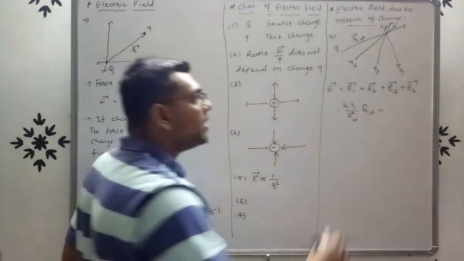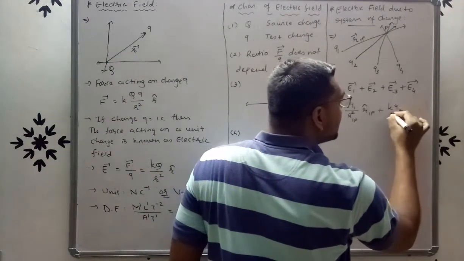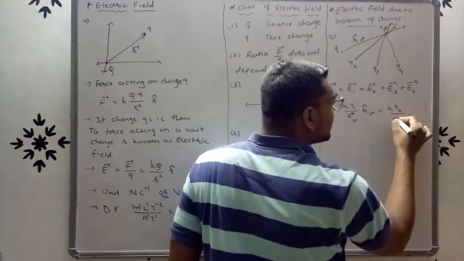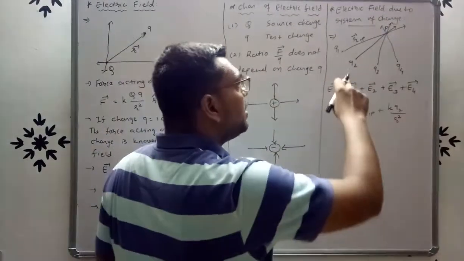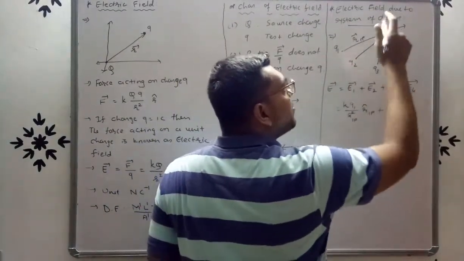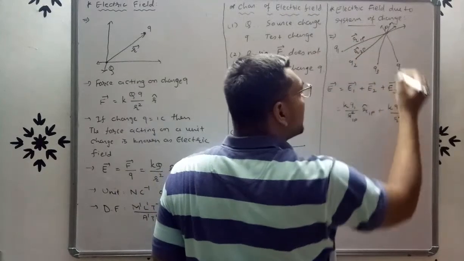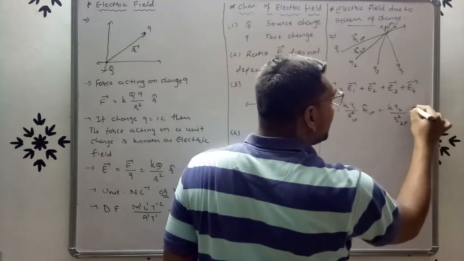So the value of E2 is KQ2 upon R square, but the distance is between charge Q2 and point P. So this distance is R2P, right? So R2P square, R2P cap.